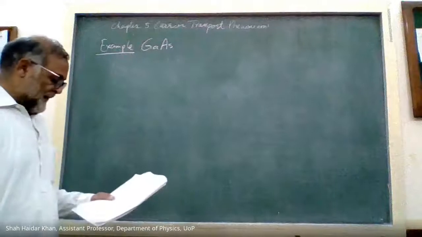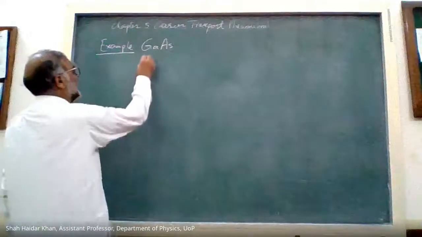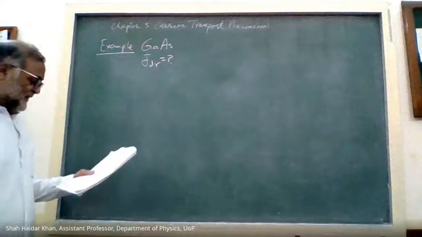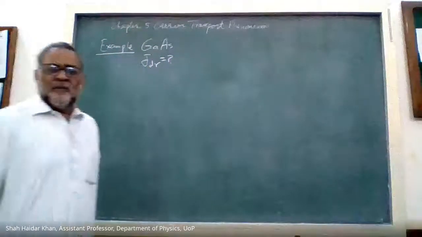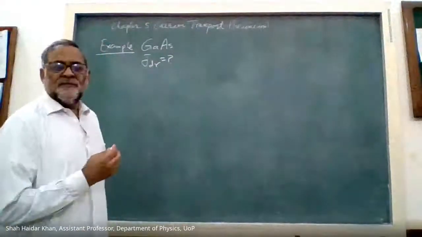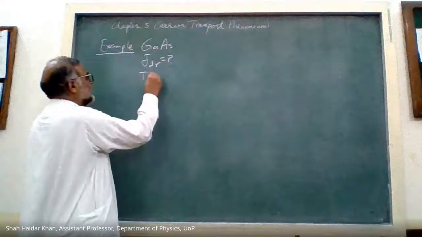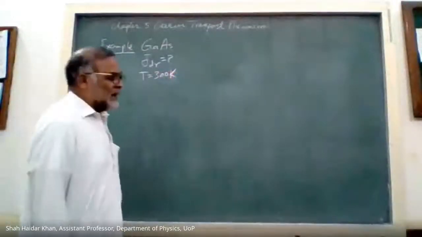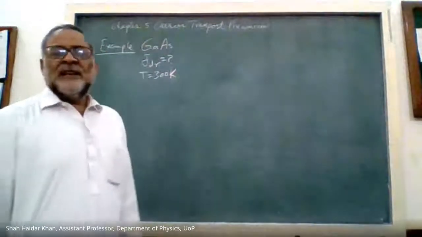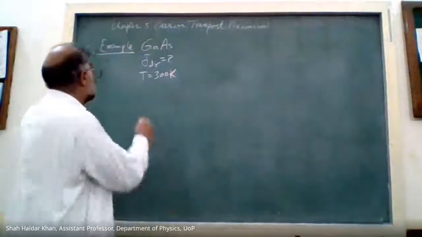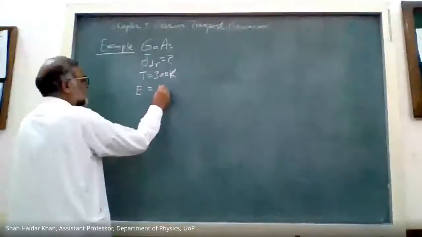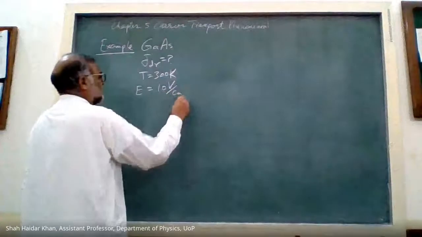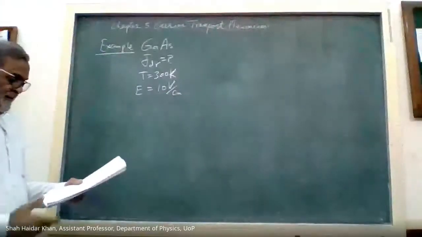Calculate J drift, and suppose the temperature is room temperature, which is T equal to 300 Kelvin, and suppose the applied electric field is 10 volts per centimeter.